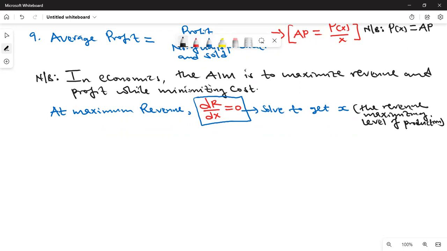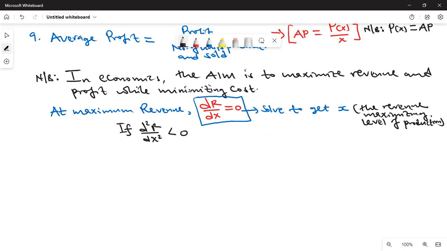If d squared R dx squared at that value of x that you have found is less than 0, then it means that that value of x is the revenue maximizing level of production.